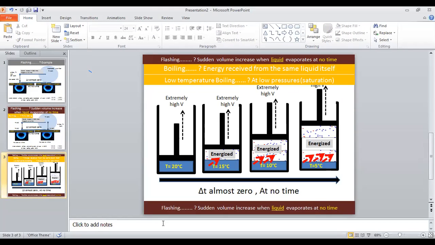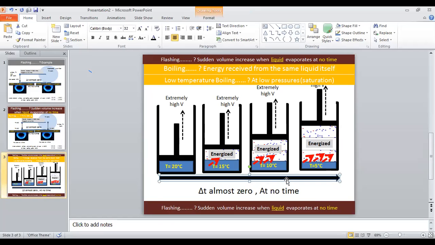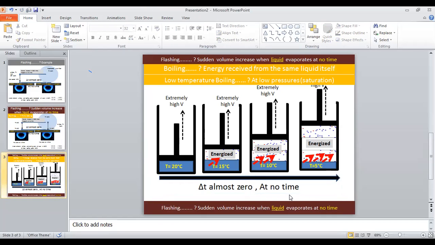So this is the flashing. This flashing effect is the basis of vapor-based refrigeration.